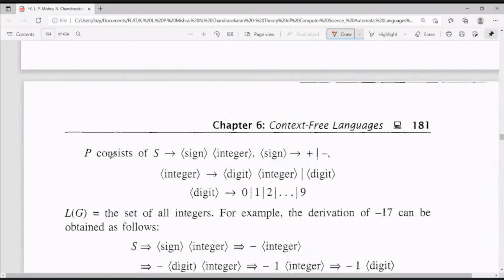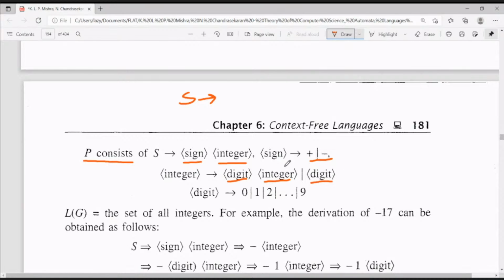So P consists of the rules. First, S implies sign integer. We know an integer must have a sign first and then the integer. Then we can further break sign into plus or minus: either sign takes plus or it takes minus. Integer can take digit, or digit integer.